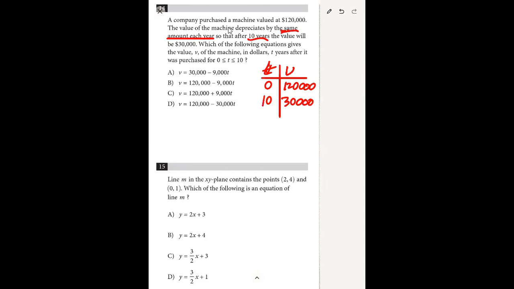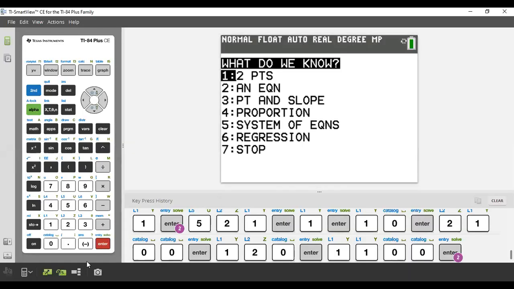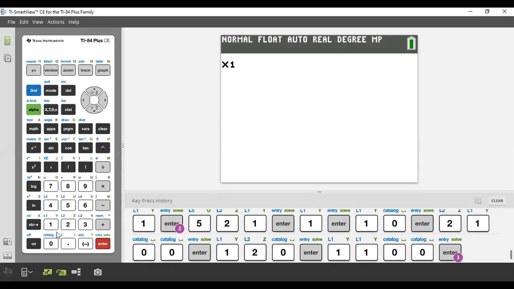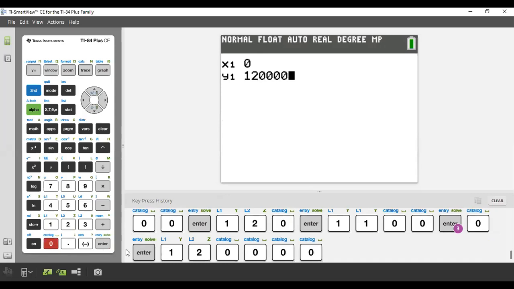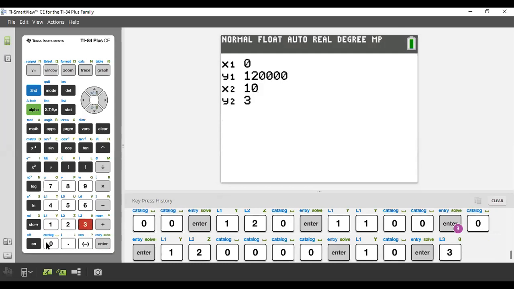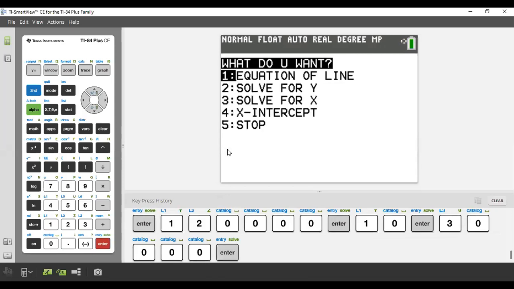And it's linear, so we're going to go to the linear option. We're going to press enter, and we're going to use option 1, 2 points. And then we're going to enter 0, 120,000, and then 10 years later, it was only 30,000. Then press enter, and we want the equation.